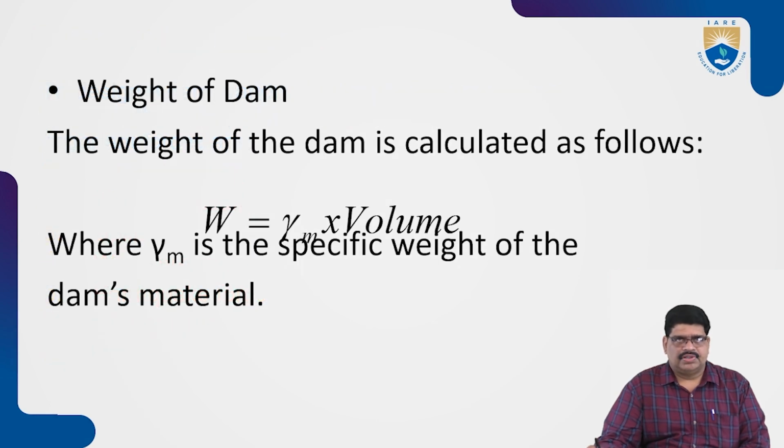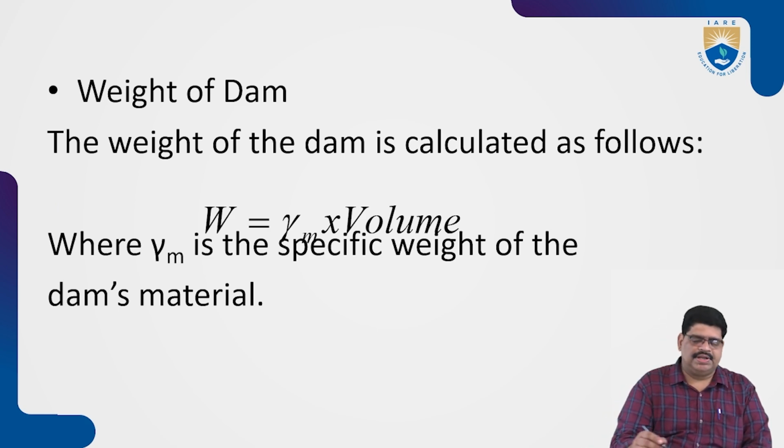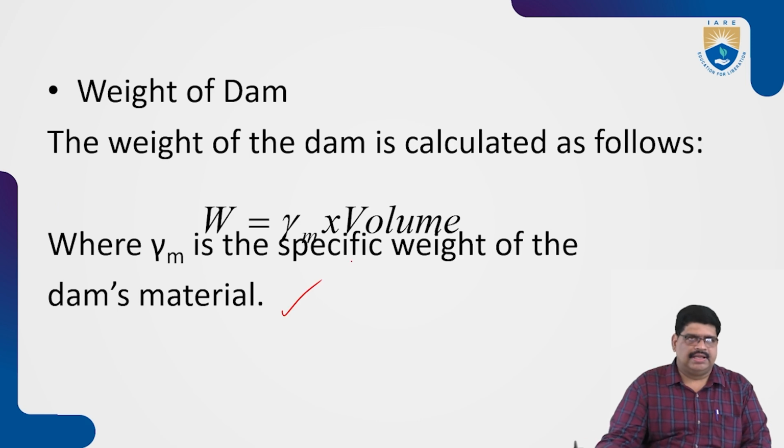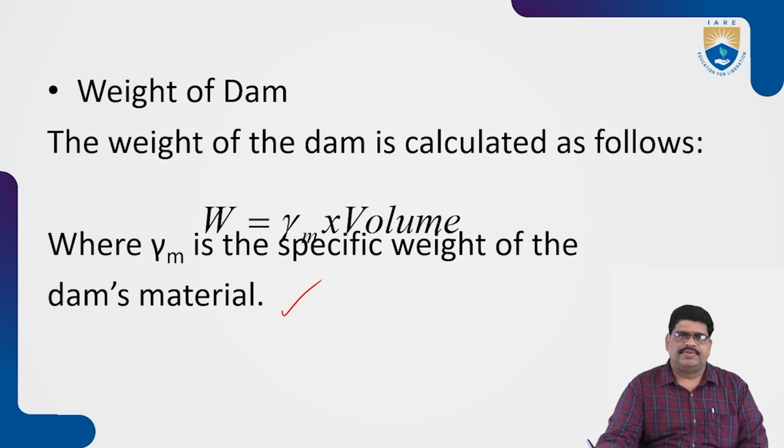Weight of the dam. The self weight of the dam is calculated using the formula W = γm × volume, where γm is the specific weight of the dam's material. That is called self weight. So what is meant by self weight?